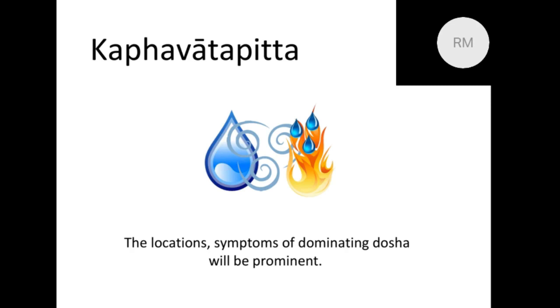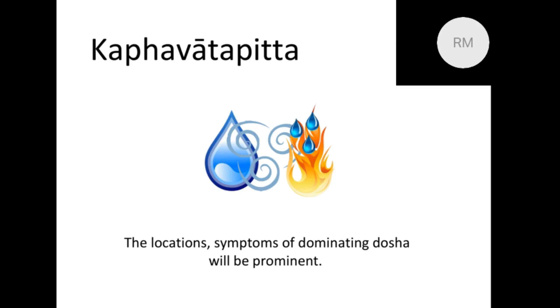I want to talk about some of the common fevers that we see today. You know, swine flu. I want you to give some feedback. What kind of dosha do you think is there in swine flu?